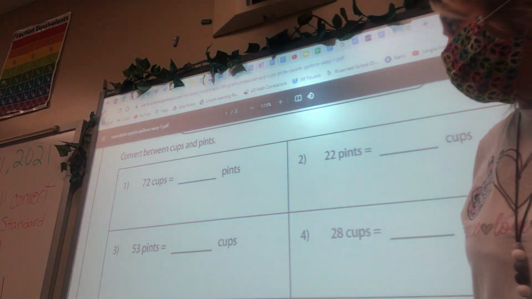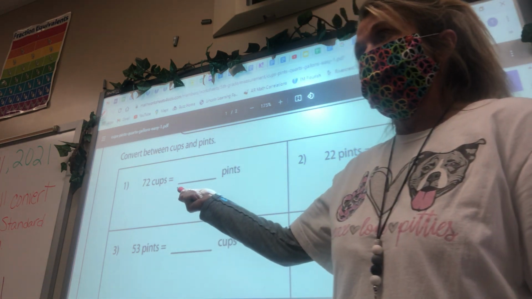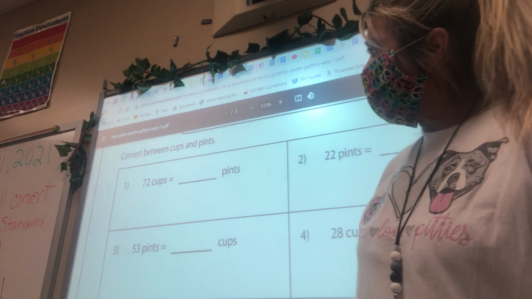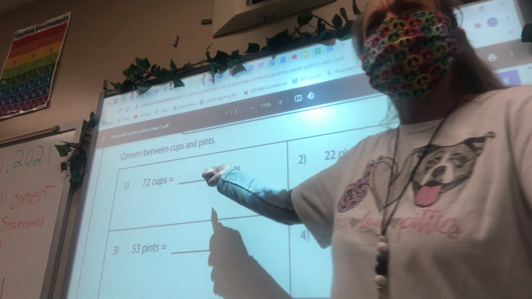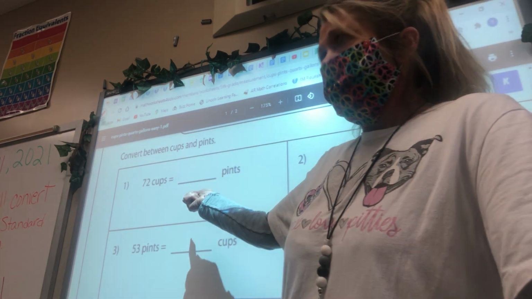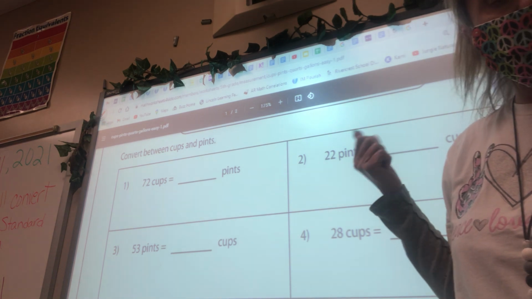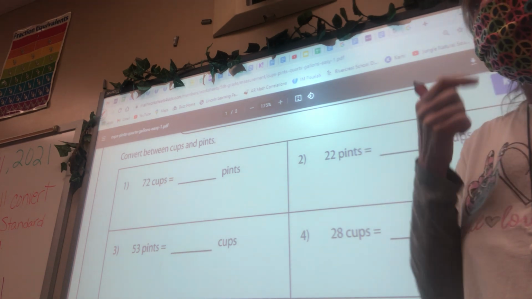It's going to be less, because pints are bigger, aren't they? So use your conversion sheet, and let's think about that for a minute. So if I need a smaller number, am I going to multiply or divide? I'm going to divide, but I've got to know what to divide by. Look at your sheet and tell me what you think I'm going to divide by.